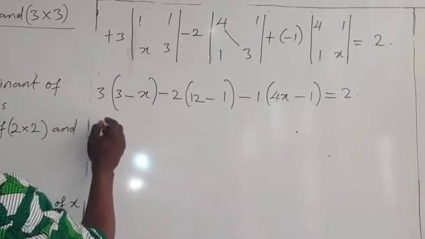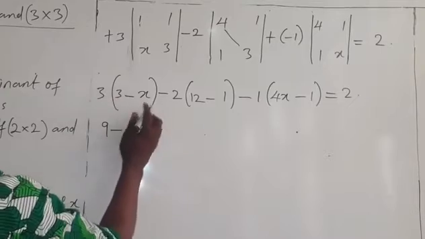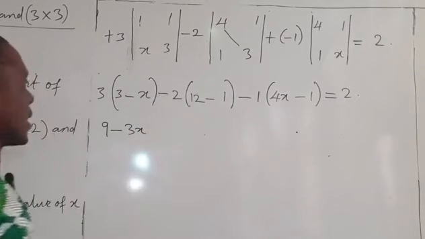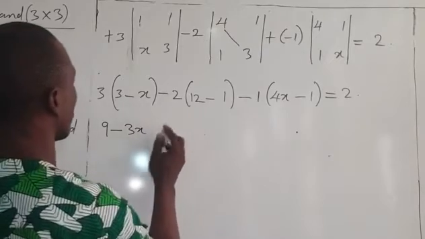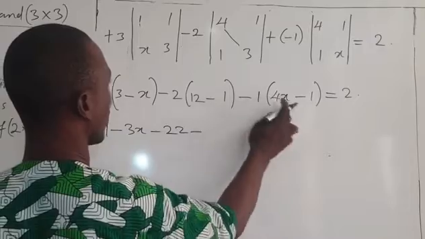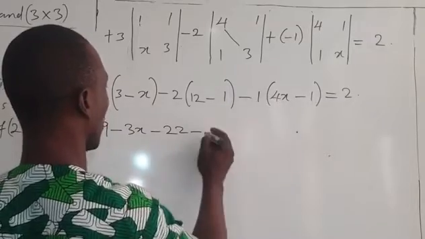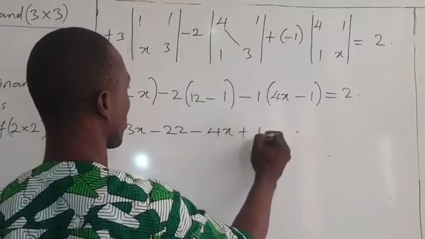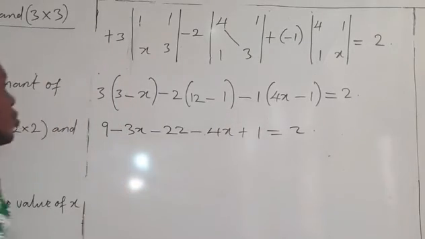So 3 times 3, 9, minus 3 times x, 3x. 12 minus 1, that's 11. 11 times 2, that's minus 22. Then minus 1 times 4x, that's 4x. Minus times minus plus 1 times 1, 1 equals 2. So the next thing to do is to collect the like term.